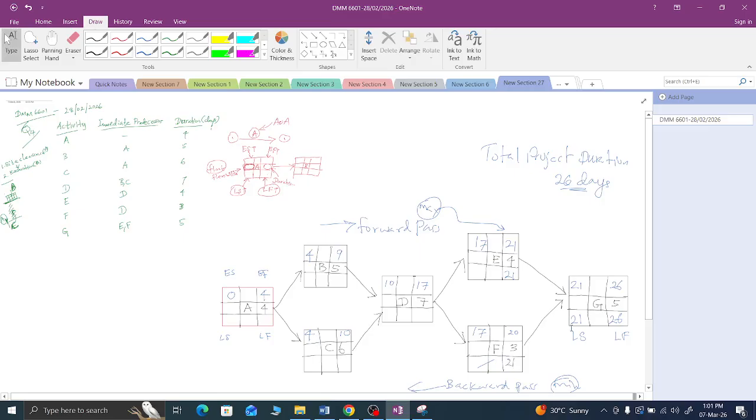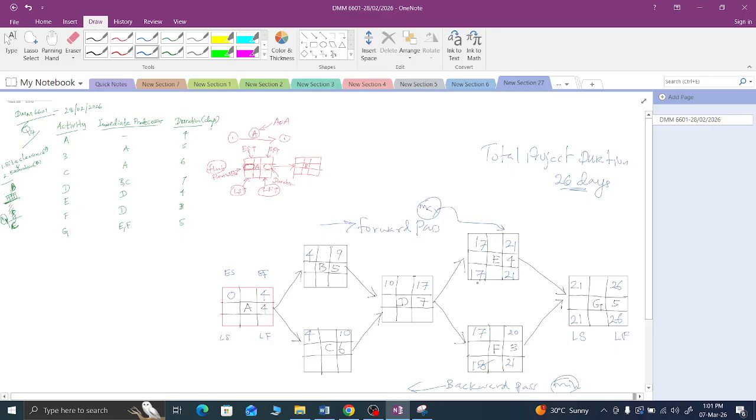You are starting here at 21, so you must finish at 21 also. Then 21 minus 4 is 17. 21 minus 3 is 18, right? The value is 18. Now here, this is the place you have to think more.